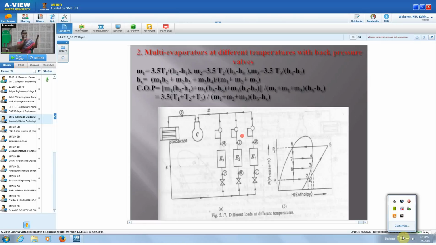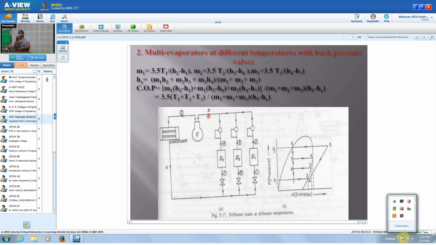So for this, 3 expansion valves and also here 3 reducing valves. So the function of the pressure reducing valve is to reduce again the pressure to the required suction pressure. So all these are mixing and coming at X. Okay. So finally at the suction of the compressor the refrigerant is at the state of X, and X-5 is the actual compression in the compressor.